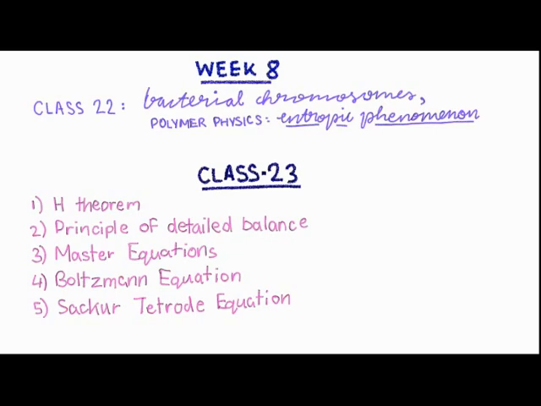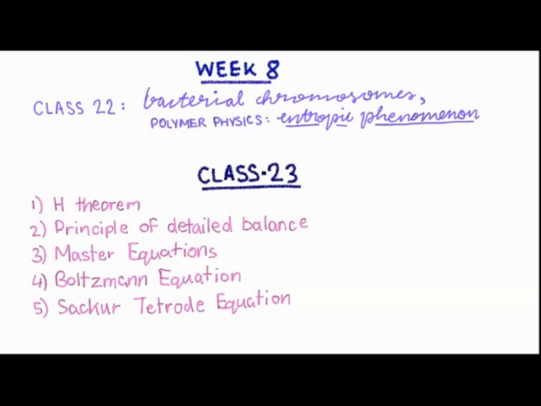The master equation and the principle of detailed balance will tell you the condition of equilibrium. And using the master equation, we shall show that if an isolated system, and I emphasize the word isolated, is left to itself, it will reach equilibrium under the condition that there will be no microscopic current inside the system.